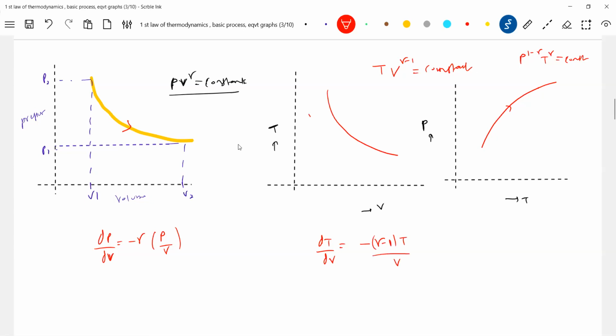Again, T, what you can write, is 1 by V to the power gamma minus 1. So therefore some constant should come.